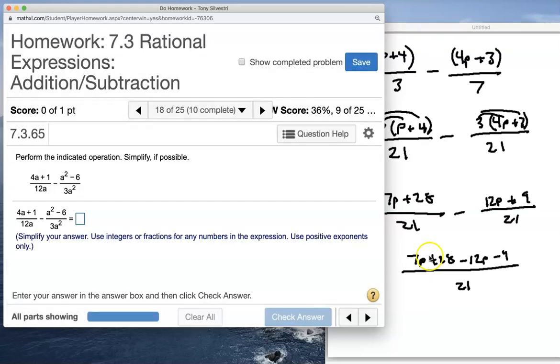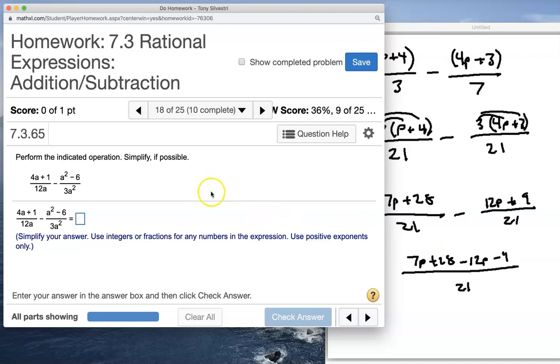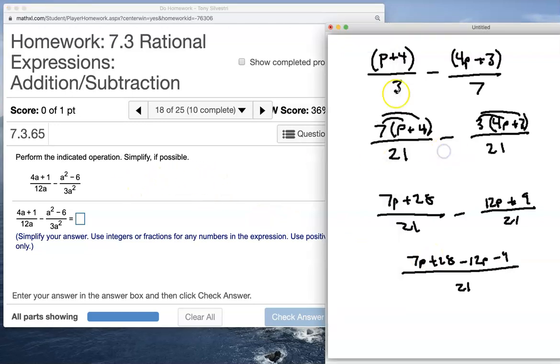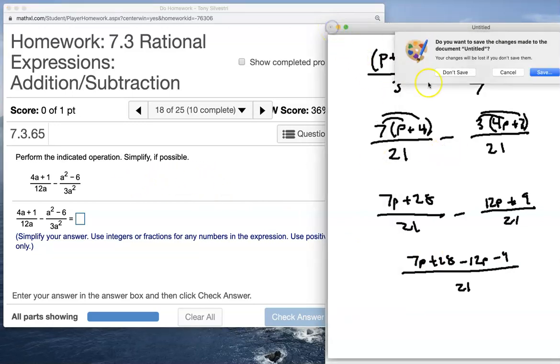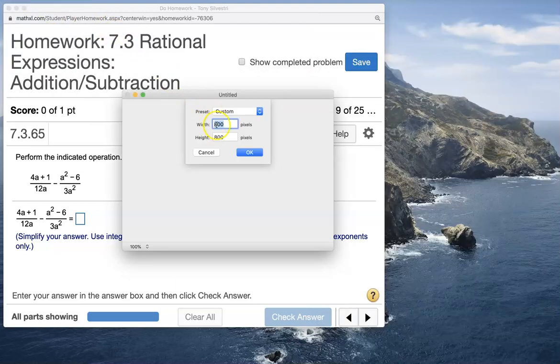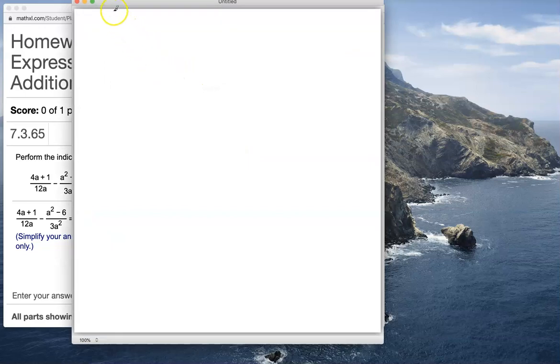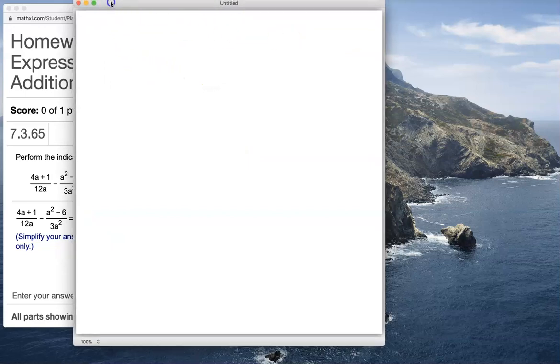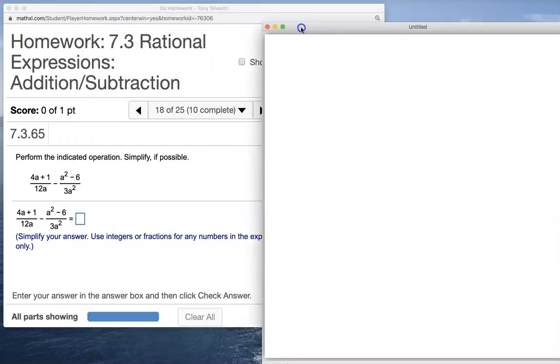Two more, hang in there, just two more. Let's see what this one here looks like. I'm going to have to get some new canvas here. And what I'm going to do is move this over. 4a plus 1.